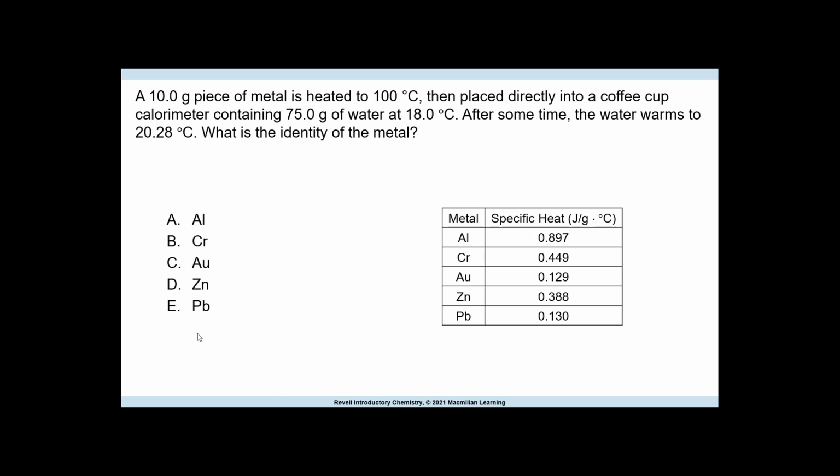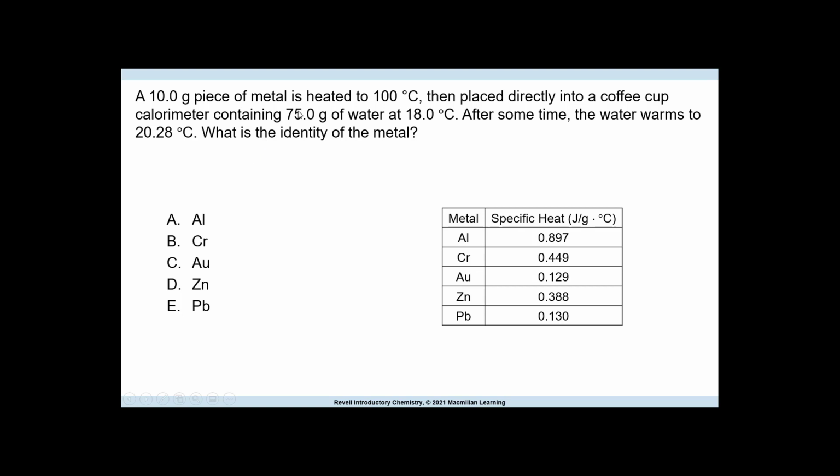Separate what you know from the metal, and separate what you know from the water. Just remember, the final temperature will be the same for the water and the metal. For the metal, you have 10 grams, the initial temperature, and the final temperature. So you have three things you need from the metal. We don't know the metal, that's what we're trying to figure out.